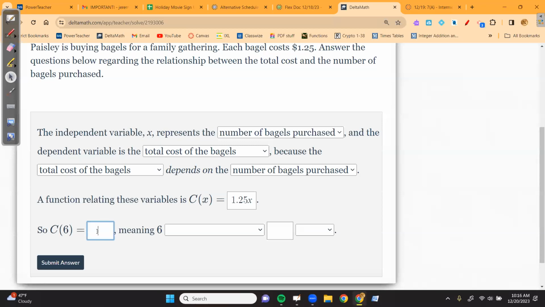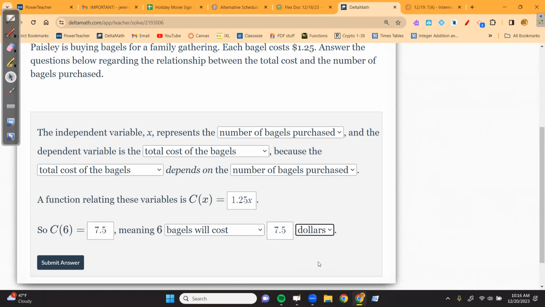The 6 times the whole dollar is $6, and then 6 times a quarter is $1.50, which is $7.50. I agree. Use a calculator if you want, but to me, this is coming out 7.5. Meaning what? 6 bagels will cost $7.50.